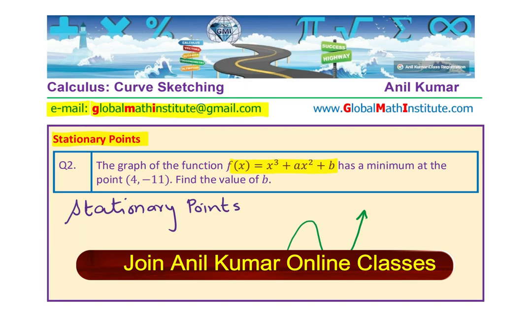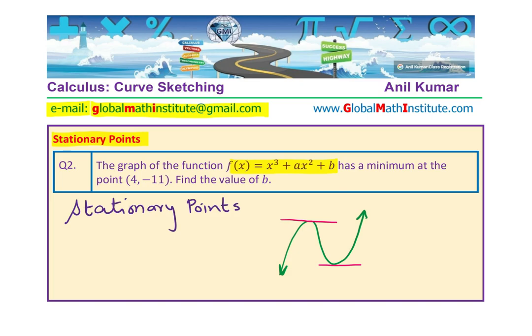So at the turning point, you see what is the gradient or slope of the tangent line. Well, if you are given the function f of x, at these points, the gradient is actually equal to 0, right? Here also, we have the gradient equal to 0.